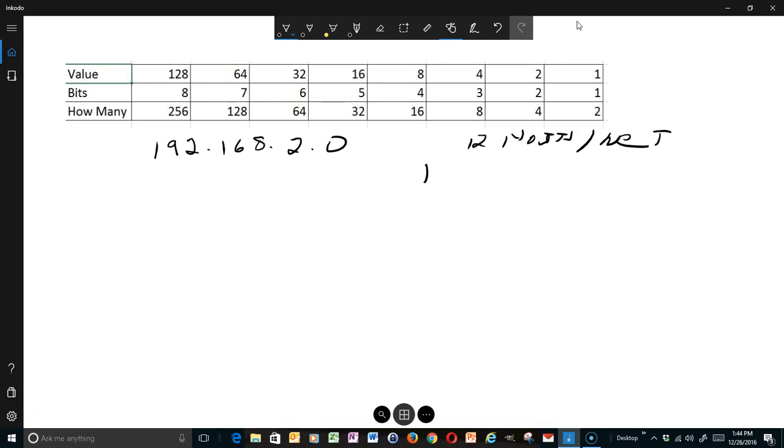So we want 12. Then we go here and look at our increment, how many, and we find out that we have to go with 16.